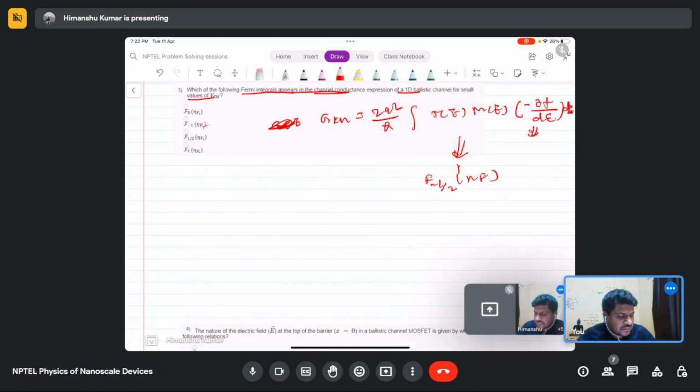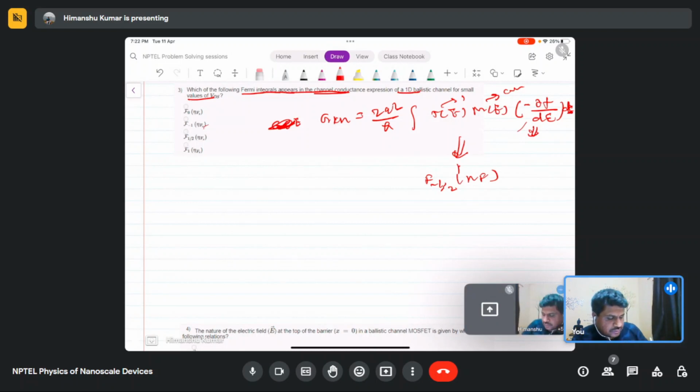The mode is constant, and if we assume the transmission coefficient as 1, then this integral will convert to the derivative of the integral function, which reduces the order by a factor of 1.